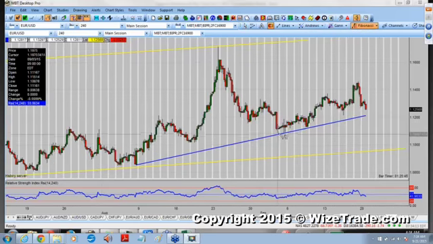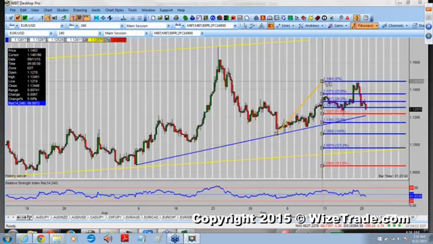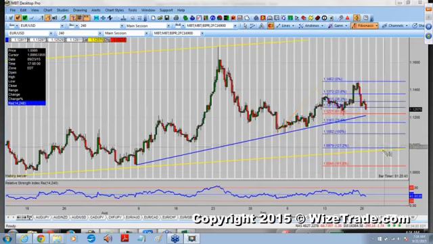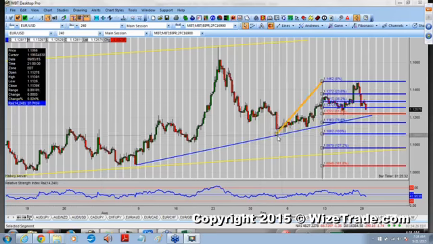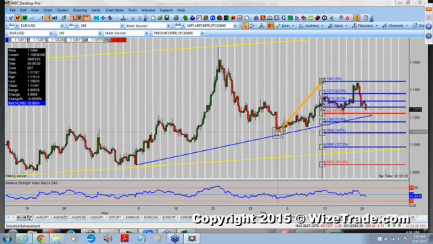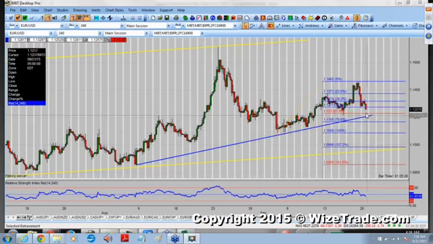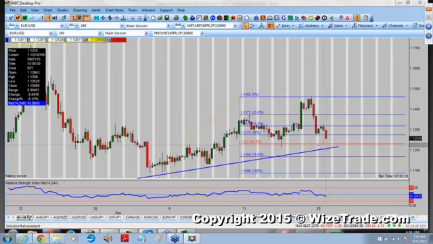That 112.10 is probably going to offer some really great support for you if you want to be on the long side. You know, I don't agree with being on the long side down here, but this is a good bounce area. Even if you just look at the 618, let's go right down to the 618. It'll come in at basically 112.30.